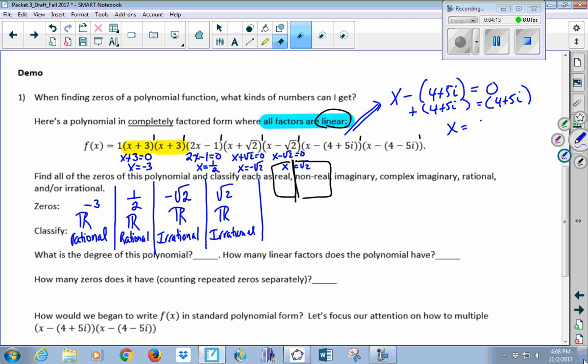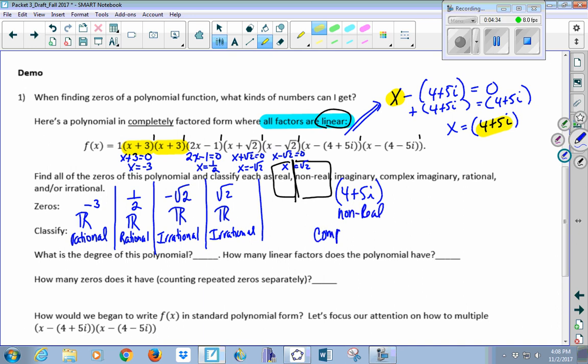So x equals 4 plus 5i. If you put this right here for x, 4 plus 5i minus 4 plus 5i is definitely 0. So my next zero is 4 plus 5i. That is non-real. And we call that complex. It's a complex number, complex imaginary number.